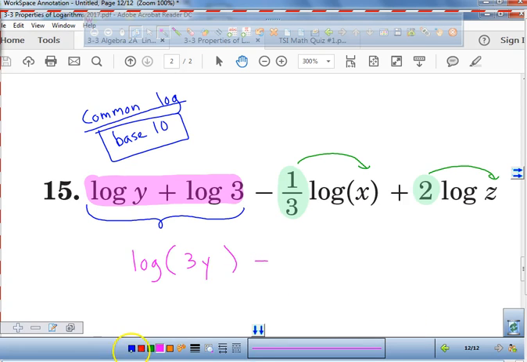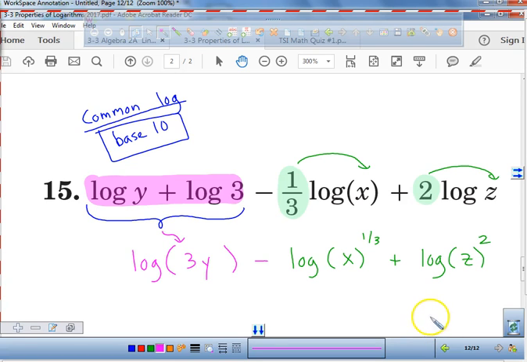Minus the log of x. And what power is going to go up here? 1 over 3. Plus log base 10 of z. What power is up here? 2. That's your first step right there. What did we use? We used the product property and condense that. Okay? Then we used the power property, move the powers up.